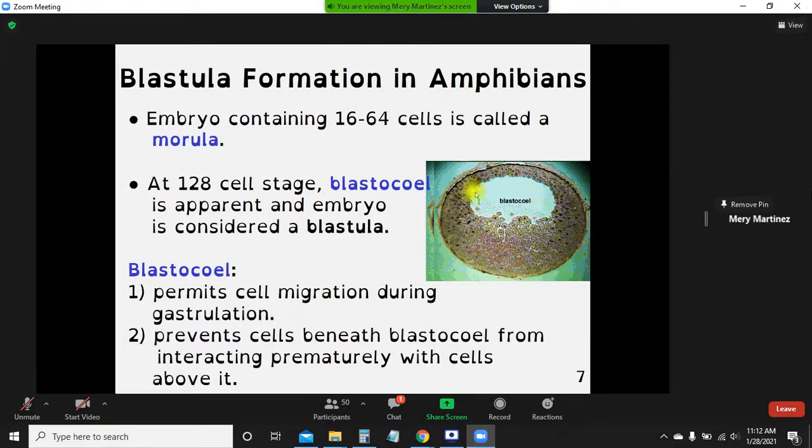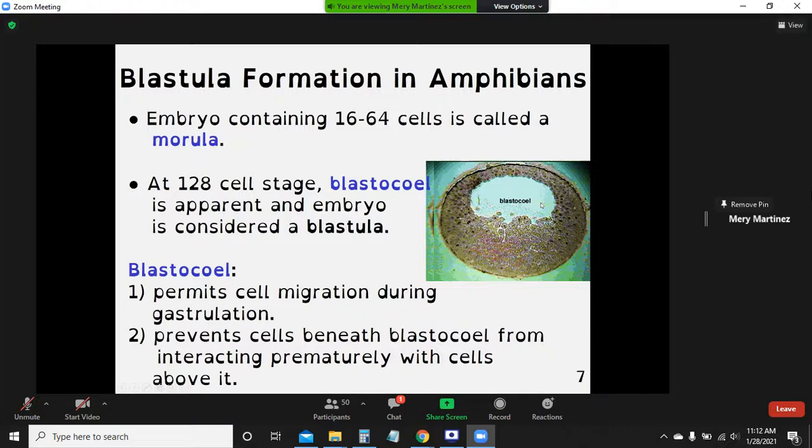So it starts as just a tiny hole, and as the cells continue to divide, you see that the blastocele is placed more towards the animal hemisphere and not towards the vegetal hemisphere, due to the presence of the vitellus in this section, okay? So this cavity expands during the subsequent cleavages, and then we have this big blastocele.